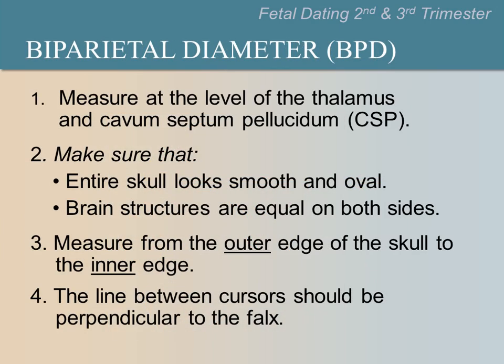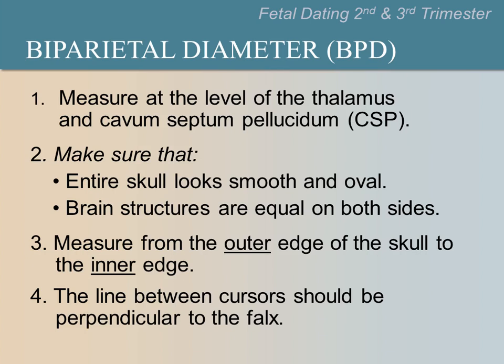Measuring the biparietal diameter accurately involves 4 steps. First, you must measure at the level of the thalamus and cavum septum pellucidum. Make sure that the entire skull looks smooth and oval and that the brain structures are equal on both sides. Measure from the outer edge of the skull to the inner edge.